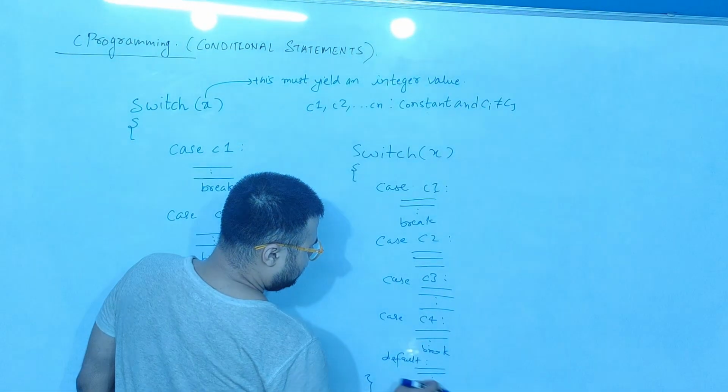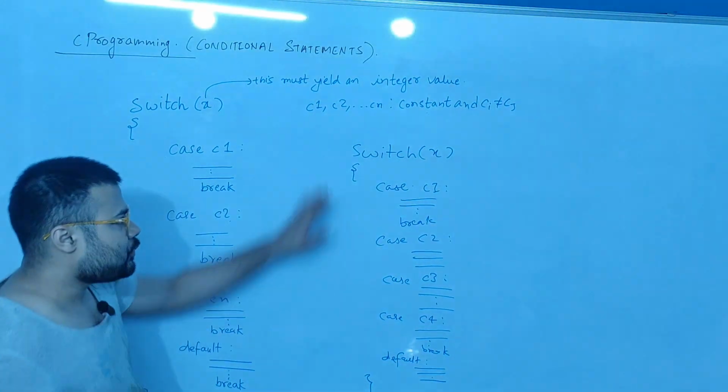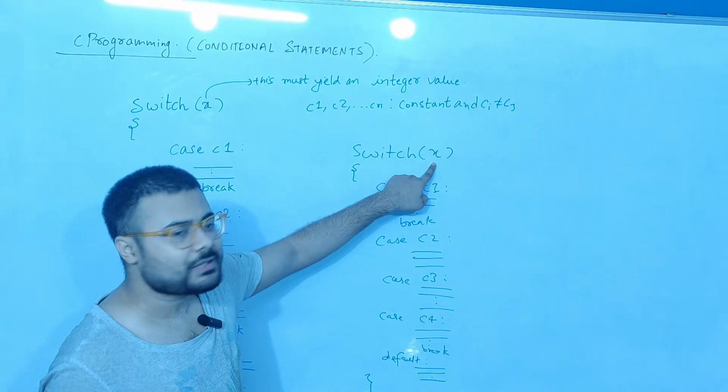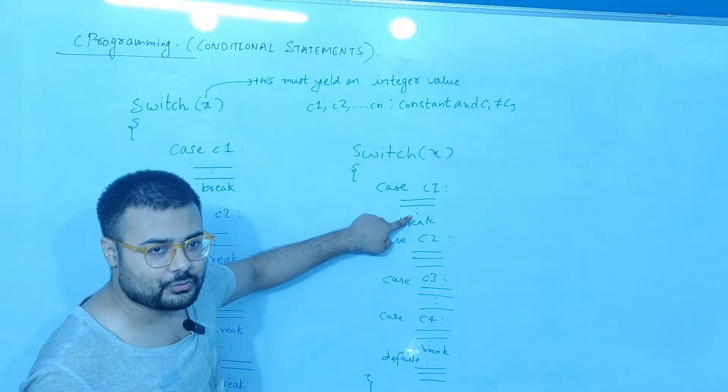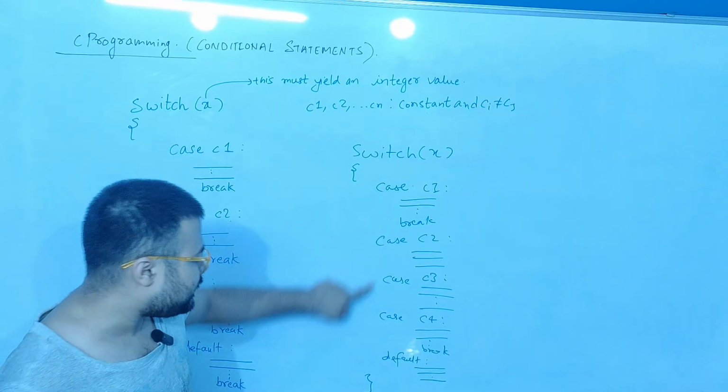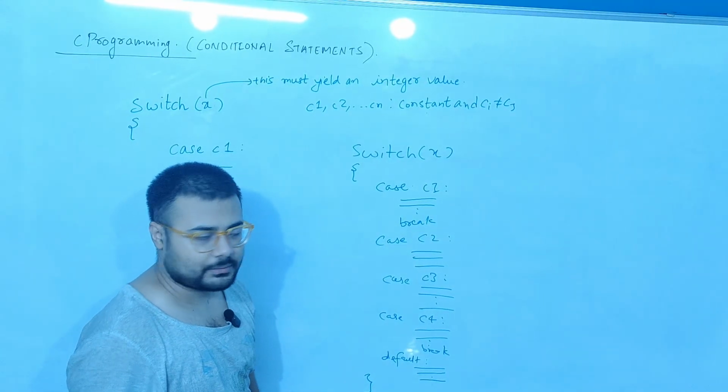So if this is what your switch statement is, then if C1 matches with X, the statements belonging to case C1 will be executed, and because of this break it will come out of your switch statement.